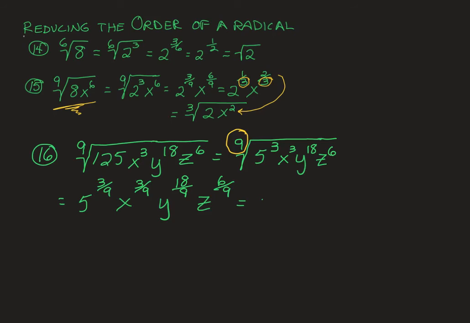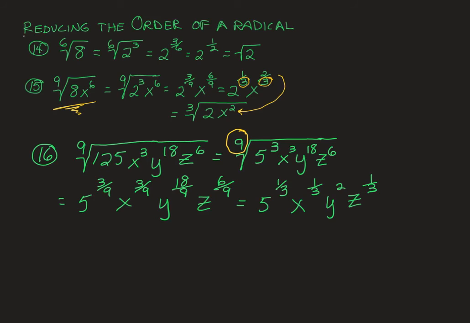All right, so let's see how we can reduce those fractional exponents. We keep the base of 5. It becomes 5 to the 1/3, x to the 1/3, y squared, and z to the 1/3. Wow. Would you look at that?